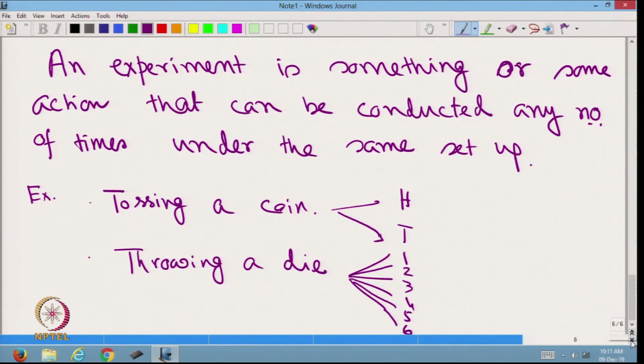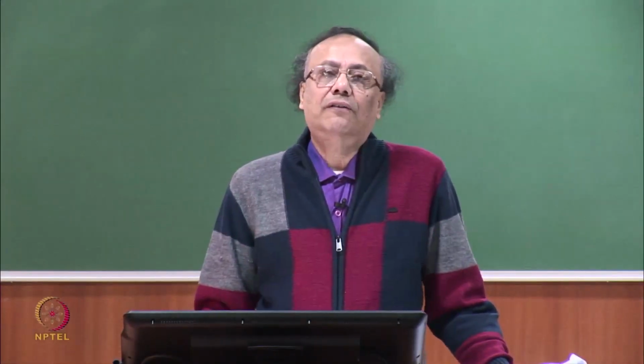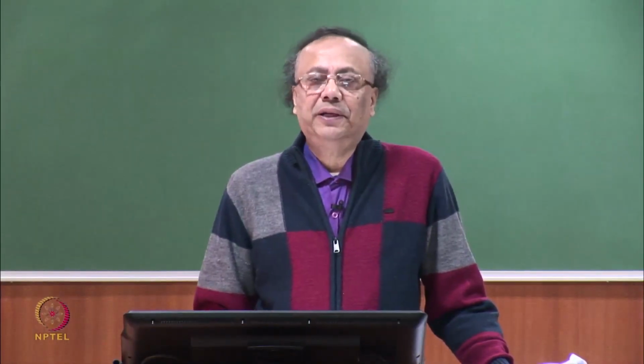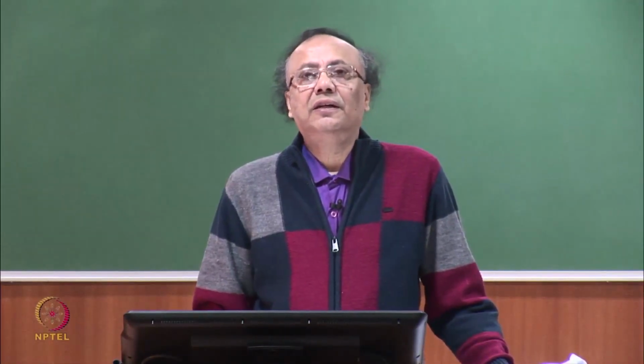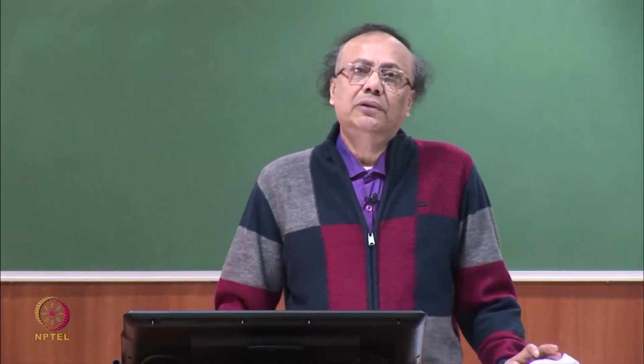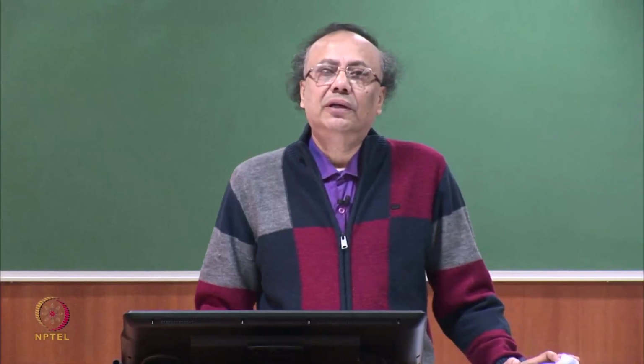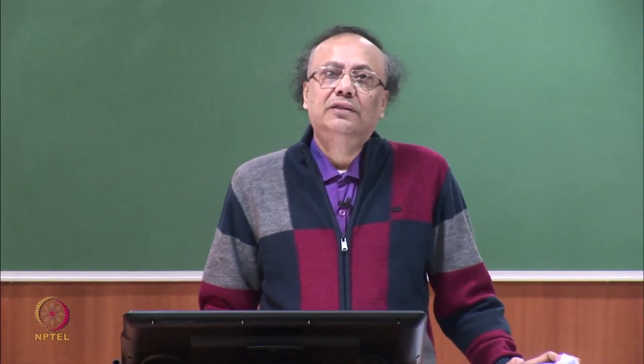There can be many other examples. Say for example, there is a deck of 52 cards. All of us know that there are 4 suits: clubs, hearts, spades and diamonds, and under each suit there are 13 cards from ace to king. So, there are 52 possible outcomes if we take a card from a complete deck.